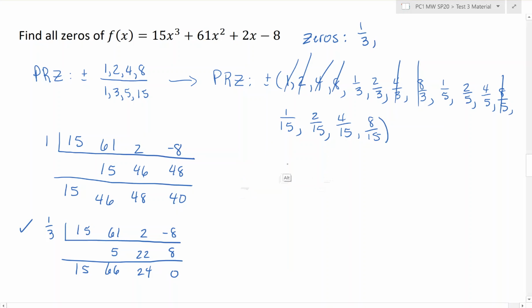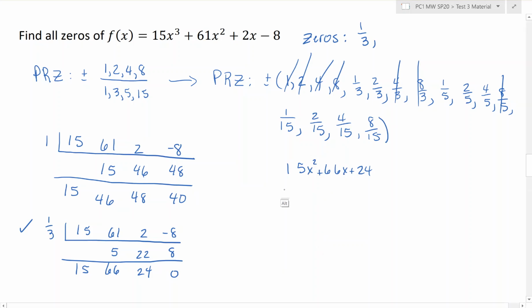So let's see if we can use the quotient that is from this, and see if we can do a little bit of something with that. Well, first off, this is 15x squared plus 66x plus 24. Once it gets down to a trinomial like this, a lot of times it's easier just to fall back to regular factoring.